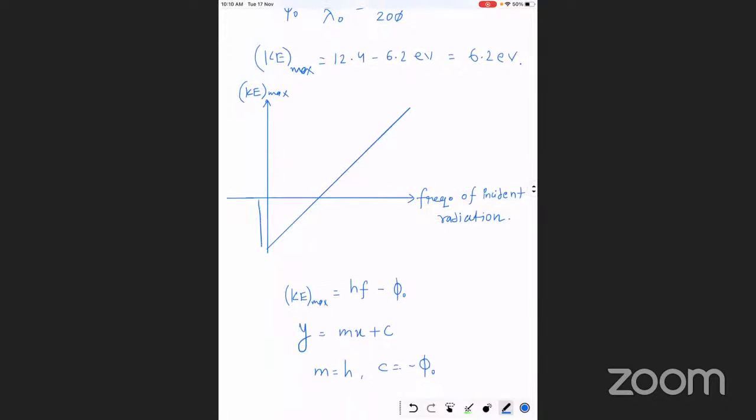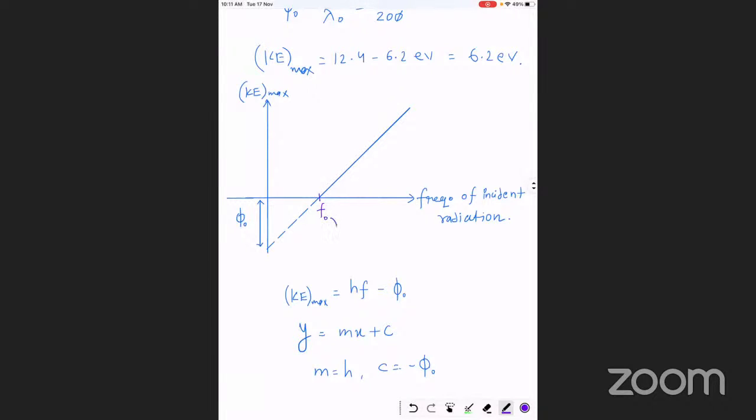This portion is work function. If you take kinetic energy on y-axis, then the negative intercept is actually work function. And we should draw this portion of graph like this, because electron will be ejected after this. And this particular frequency is known as cutoff frequency or minimum frequency which can eject electron.